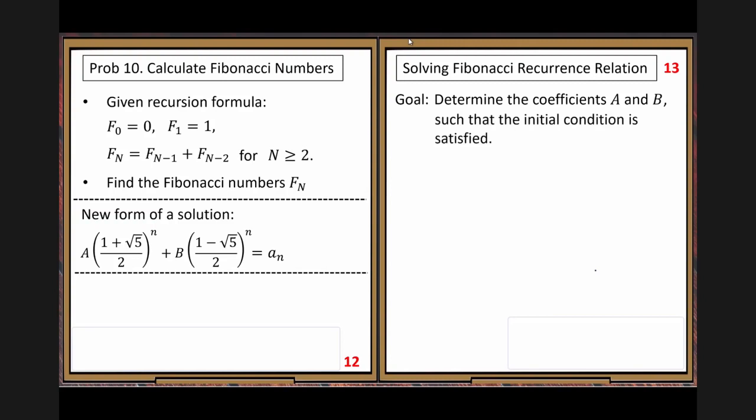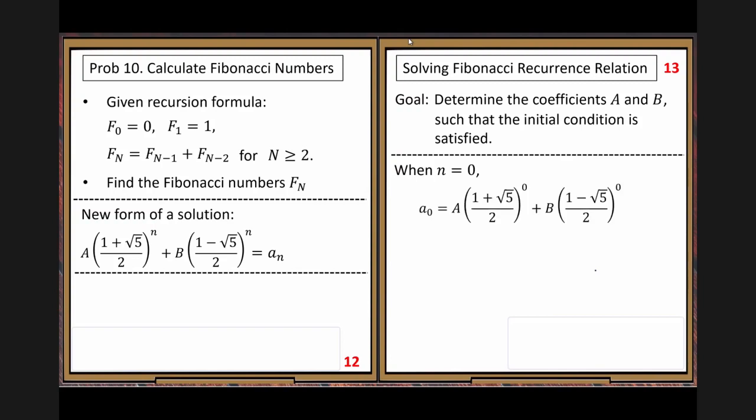We should get two equations. When n equals 0, let's plug into this formula, and after simplification, capital A plus capital B should be a0, that's 0. So B equals negative A.